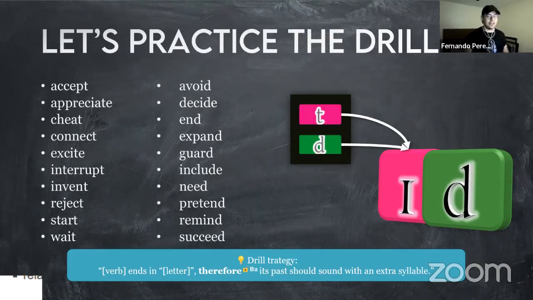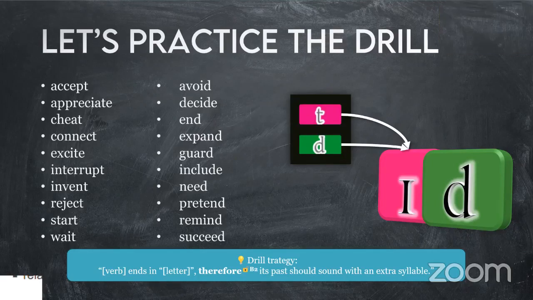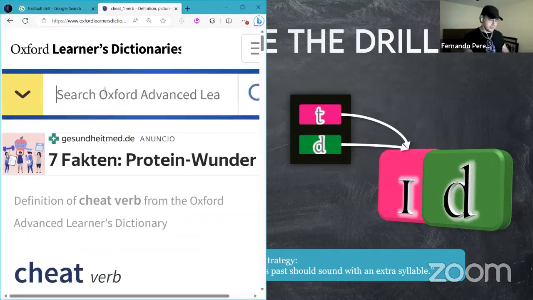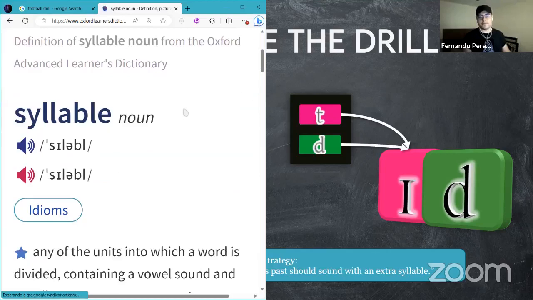Excellent. One more round and we pass. Karen. Excite ends in T. Therefore, its past should sound with an extra syllable. Excited. Good. How do you pronounce this? Syllable. Exactly. One more time.